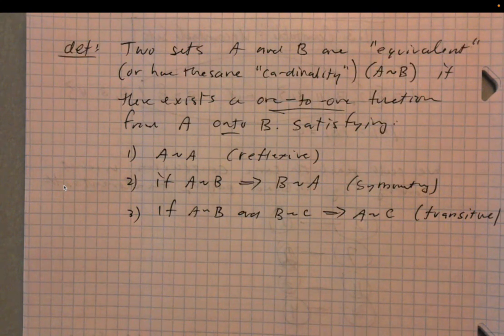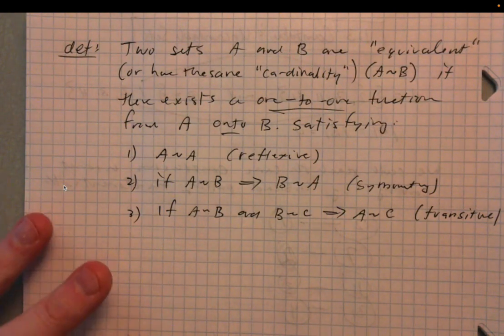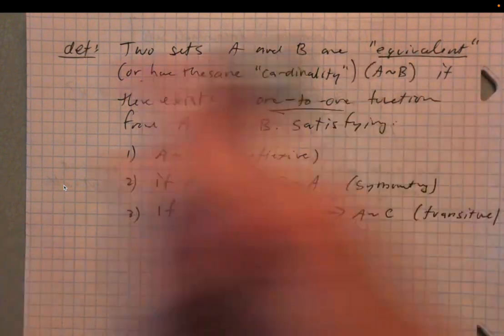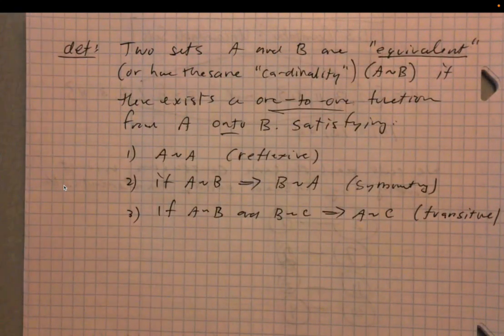And transitivity: if a set A is equivalent to B and B is equivalent to C, then by transitivity A must be equivalent to C as well. Perfect. That's the idea of equivalence, and we're going to use this when we talk about two infinite sets having the same equivalence, meaning there's some kind of function between them, which we've already alluded to in the opening.